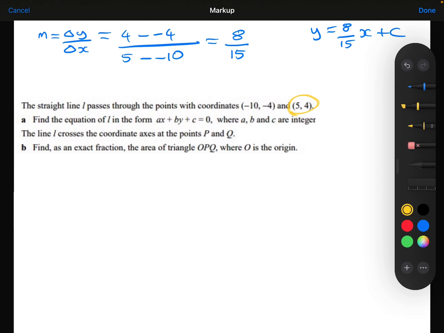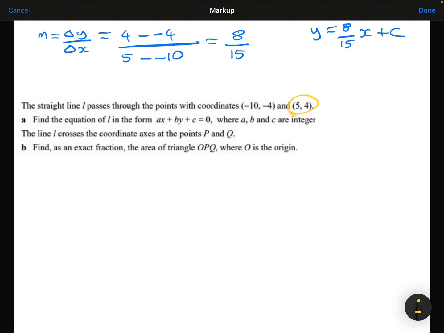I'm going to choose to substitute the point 5, 4 in, because that way I don't have to worry so much about the negative numbers. Make my life easier. So the y is 4 when the x is 5.